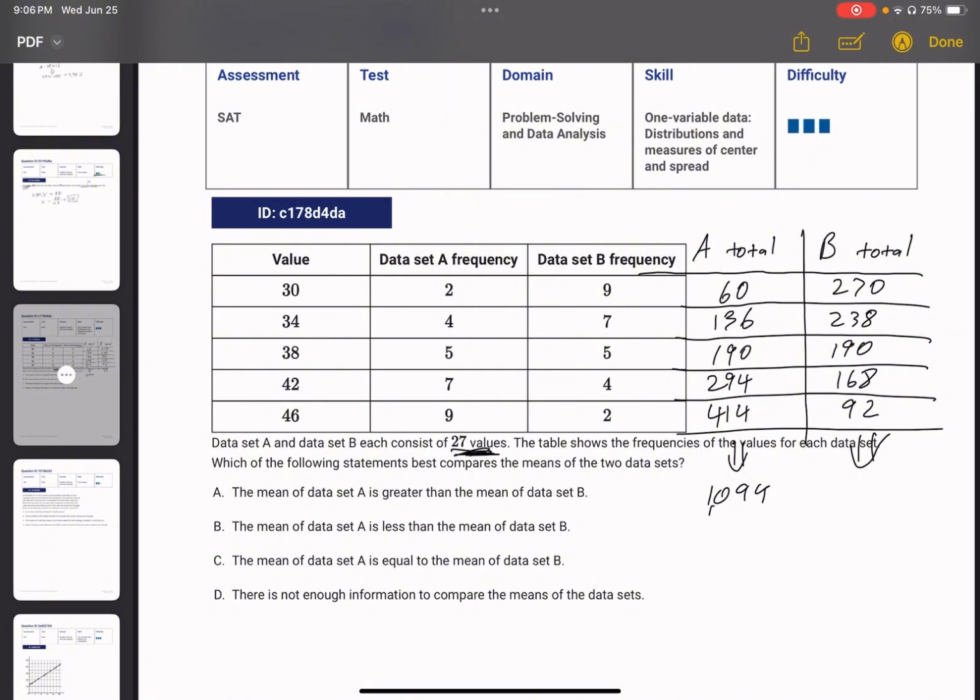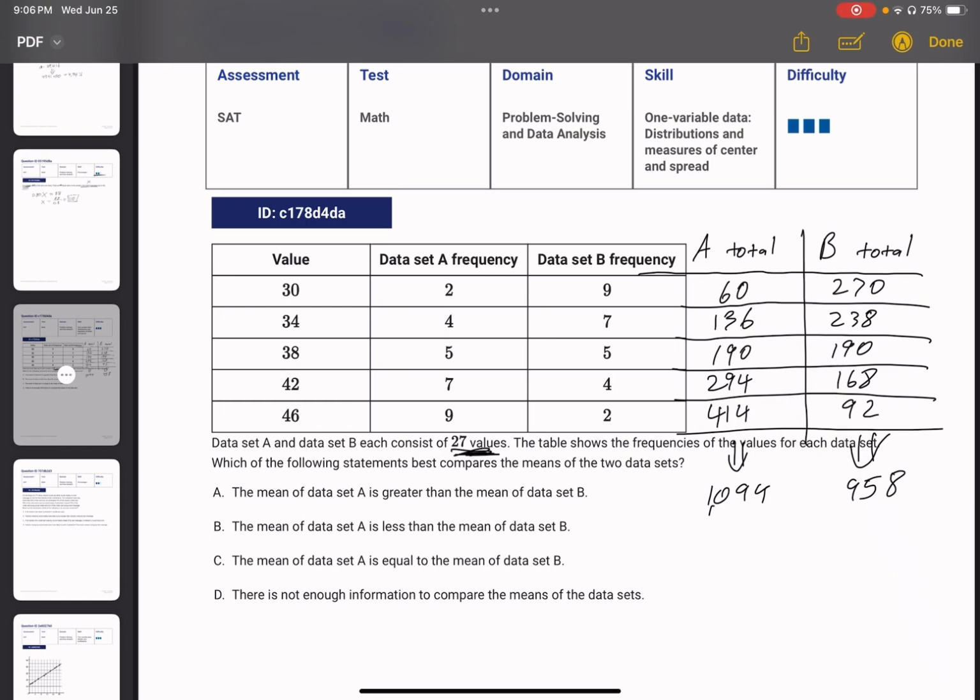And then for the second one, 270 plus 238 plus 190 plus 168 plus 92 is going to give you 958. Just checking I did that correct.